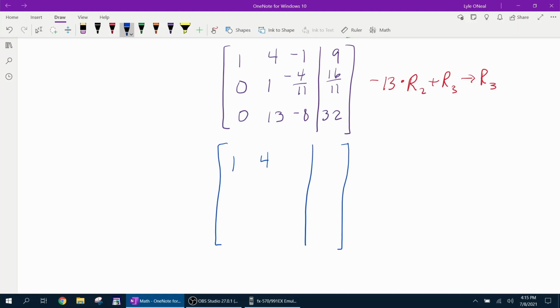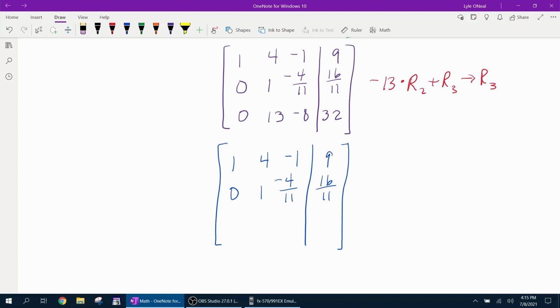The first row and the second row are not going to change, so we're going to recopy them just the way they look. And then we're going to execute the row operation, multiplying every element in row 2 by -13. And then whatever we get from that, we're going to add to the corresponding element in row 3.